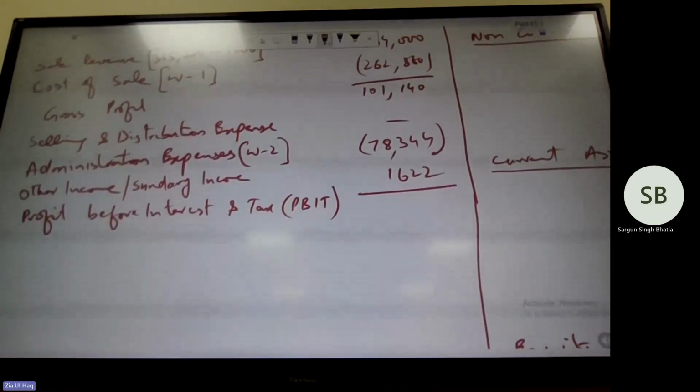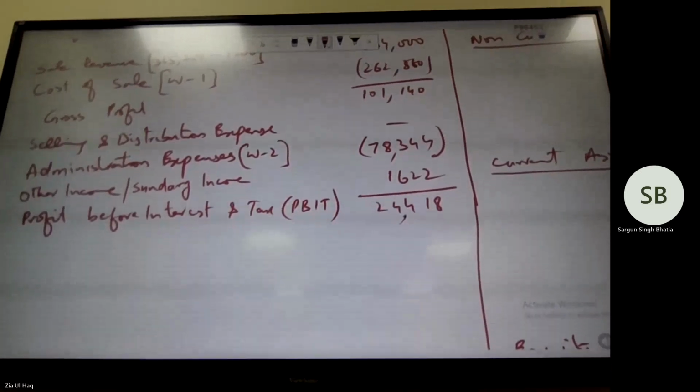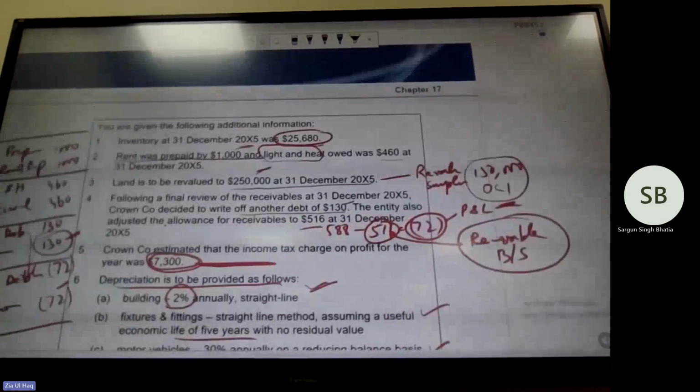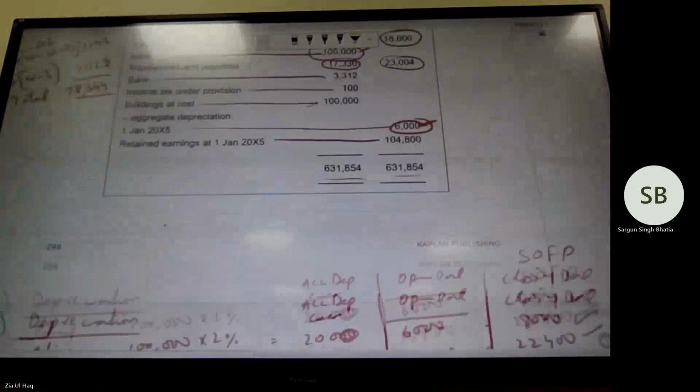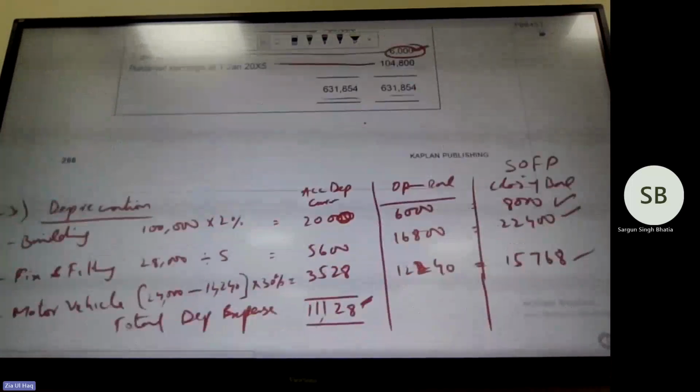In simple word, PBIT, profit before interest and tax. And this figure will be 24,418. Then we need to subtract finance cost, also called interest expense. Is there any interest expense? Yes, bank overdraft interest of 74.